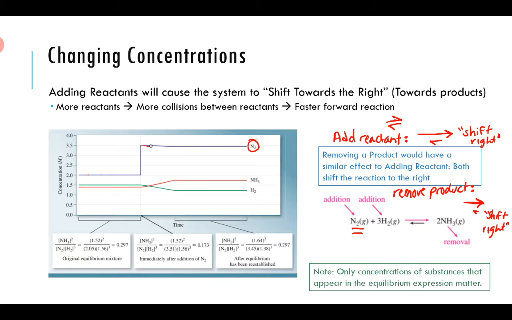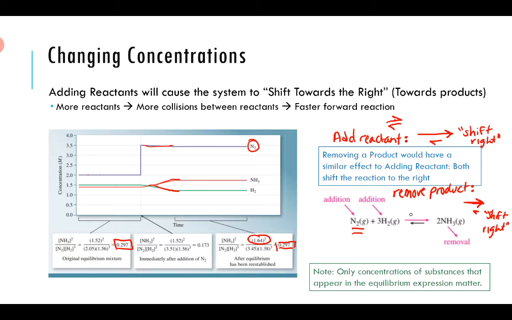Now, some of that N2 is going to get used up, and some of that hydrogen is also going to get used up at the same time. And then we reform products. And so here they've used numbers to show that once equilibrium is reestablished, we do have more product. And that allows us to have the same equilibrium constant that we did before.